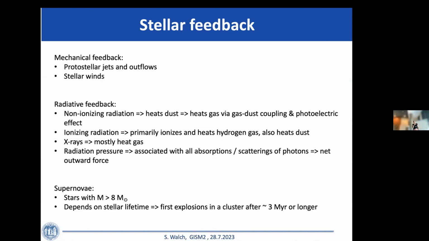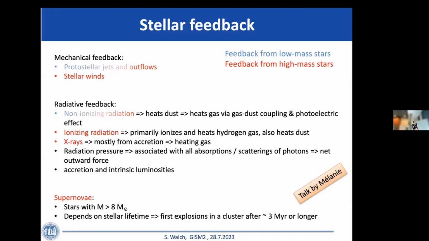The one we always have, no matter whether we have high or low mass stars, is protostellar jets and outflows. And in particular for low mass stars, they can be very important, as you will see in a minute. Then we also have stellar winds, which are only active for massive stars, because low mass stars don't produce stellar winds. They have a different structure.